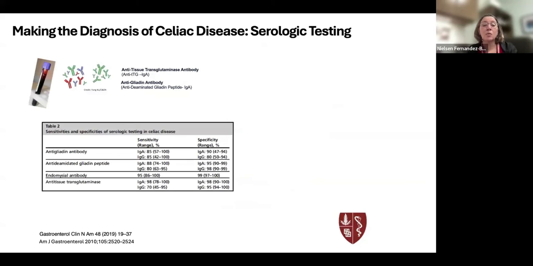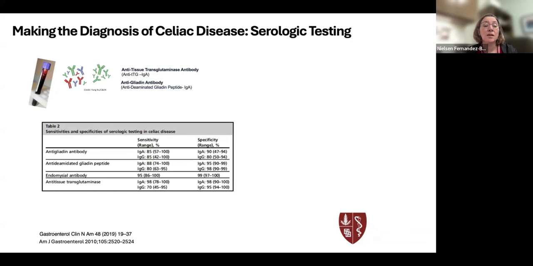Once we suspect celiac disease, the next step is to look at the blood, looking for antibodies against tissue transglutaminase, which is the preferred screening test. However, we also have the ability to test for anti-gluten antibodies, and the toxic component of gluten in a celiac patient is the part called gliadin.